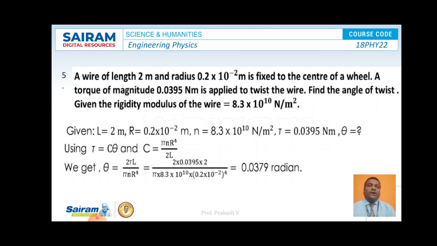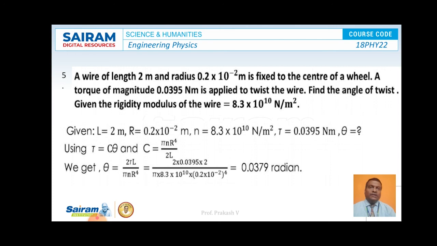Now after simplification, the value of theta is 2TL by pi n r to the power of 4. Now substitute the value of T, L, n and r in the formula. Then on simplification, the value of theta, that is the angle through which the wire twists, is 0.037 radians.